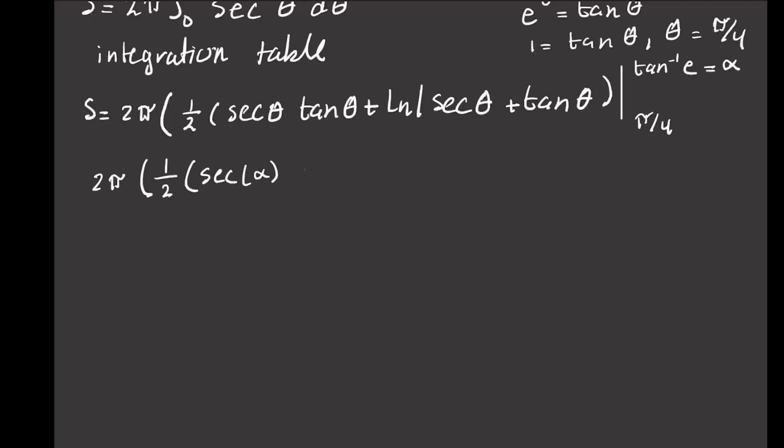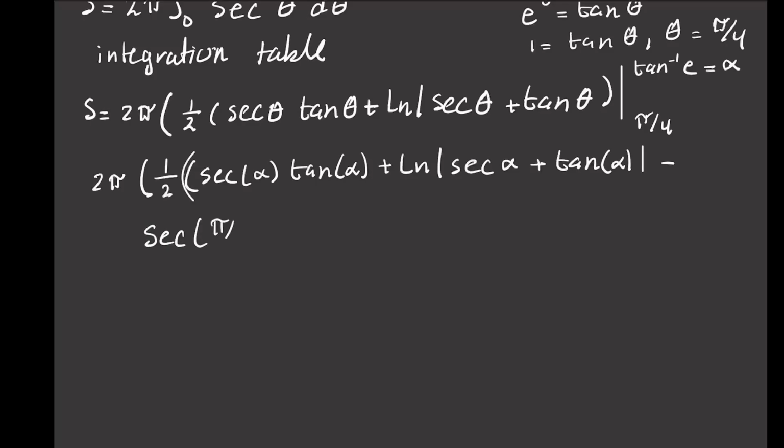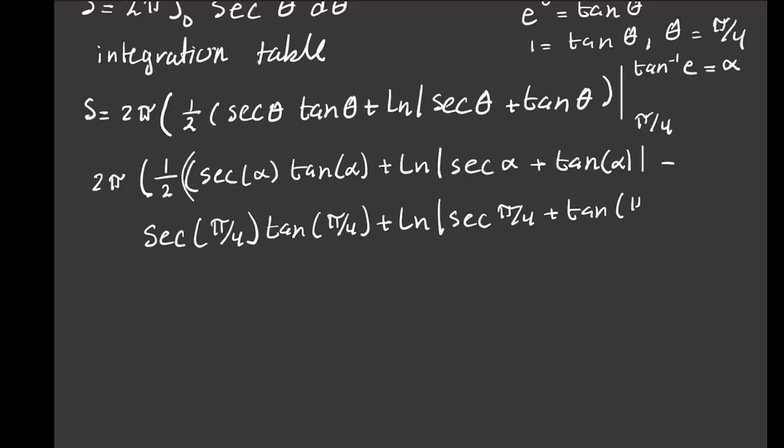So now it's going to be secant alpha tan of alpha plus ln secant of alpha plus tan alpha, minus, and here I'm just going to open a parenthesis so I don't have to rewrite the 1/2, secant of pi over 4 tan of pi over 4 plus ln secant of pi over 4 plus tan of pi over 4.